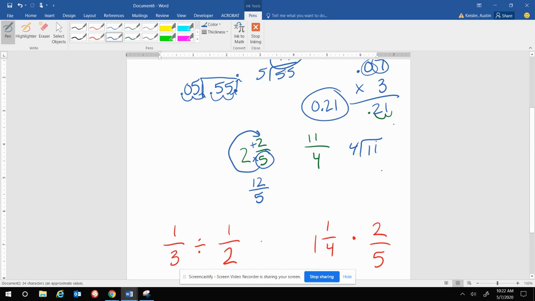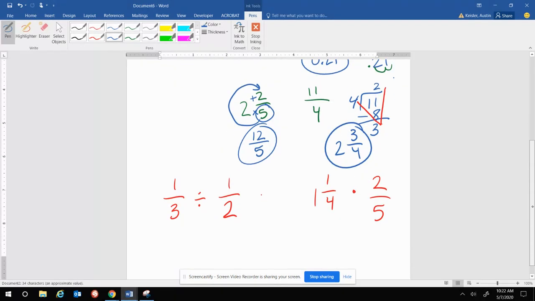So 4 goes into 11 twice, which is 8. When I subtract, I get 3. So this is where I would normally add my decimal and 0 and keep going, but I don't want to do that. So I'm going to do, we've called it the ice cream cone, but 2 3/4. So my answer is going to be 2 3/4. So pretty simple, but we're going to use that when we multiply and divide fractions.